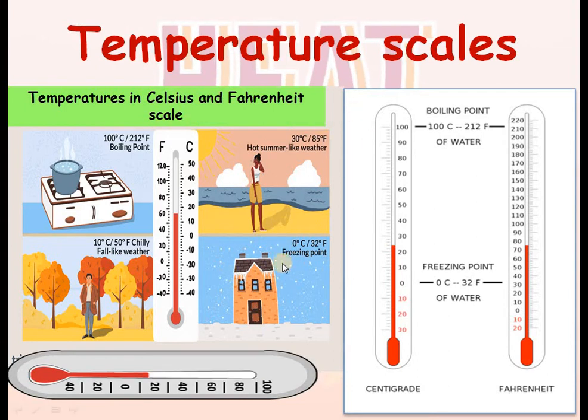Now, the temperature of ice is 0 degrees Celsius, whereas the same 0 degrees Celsius means 32 degrees Fahrenheit on Fahrenheit scale, as you can see here.